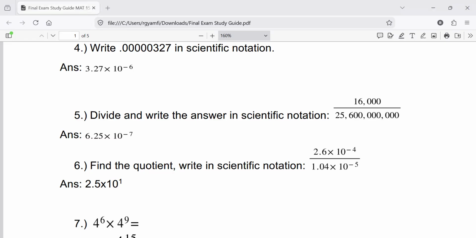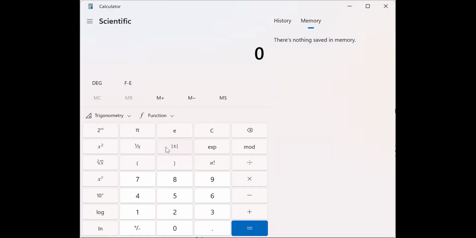Then you change this value to scientific notation, which means you're moving the point so that you get 6.25, which means that you're going to multiply by 10 to the power a negative number, and that's it.